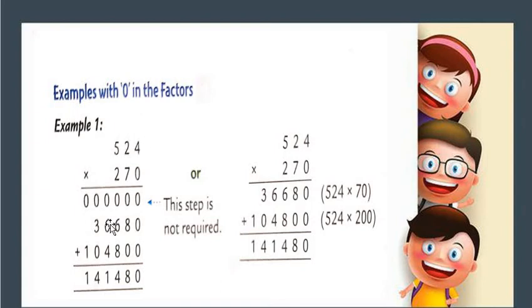So 2 as a carry and 8 here, and then 7 times 2 is 14. 14 plus carry 2 is 16. 6 here, and again 1 carry. Then 7 times 5 is 35. 35 plus 1 carry is 36. So what did we get here? The answer: 36,680. 524 multiplied by 70 is equal to 36,680. I hope you all have understood.